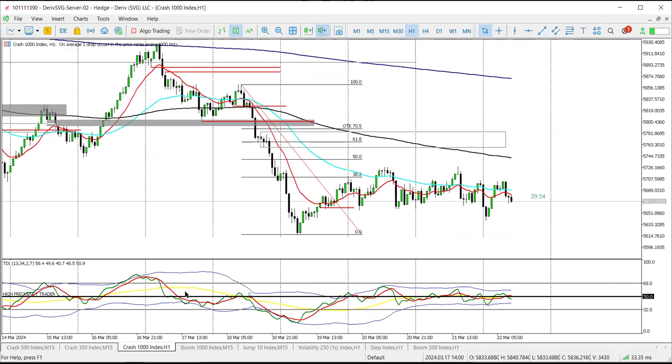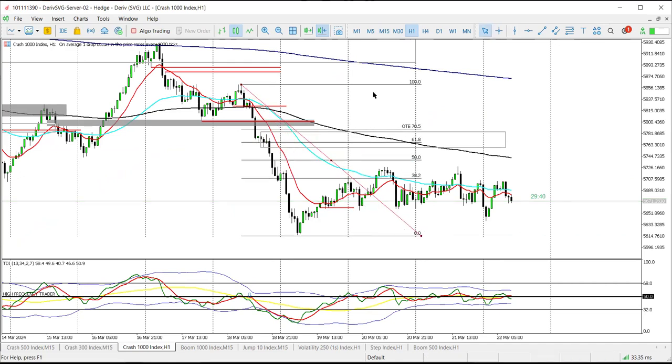Going to C1000. On C1000, you can see I ran a fib after we got this huge sell here. A few days ago, I ran my fib, and what I realized is we actually had a short sell here, a nice pin bar off the 38.2. So this was the short sell, but they didn't break this level.